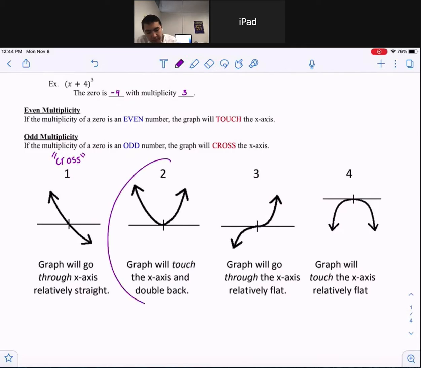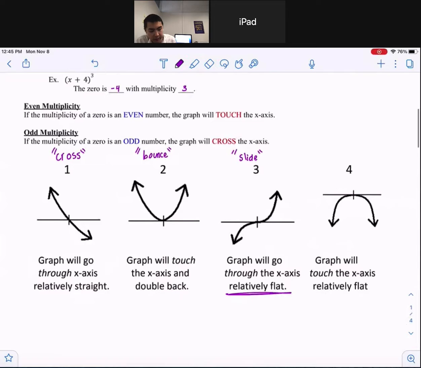If you have a multiplicity of 2, it's going to bounce off this 0 right there. If you have a multiplicity of 3, this is where it's going to slide at that 0. So it kind of makes this relatively flat line at the x-axis.